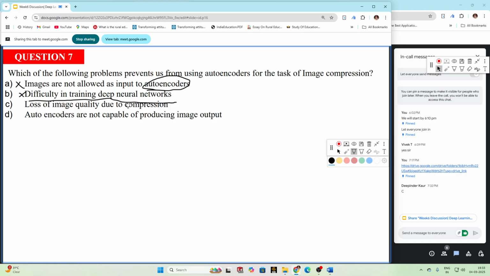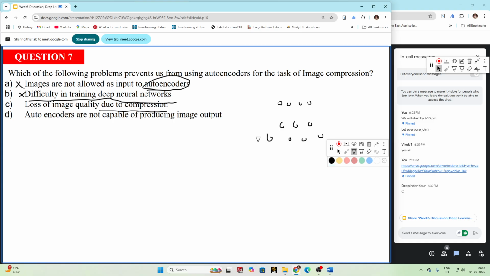Loss of image quality due to compression. Whenever we are talking about an under complete autoencoder, like this one with four inputs and four outputs, it does image compression.